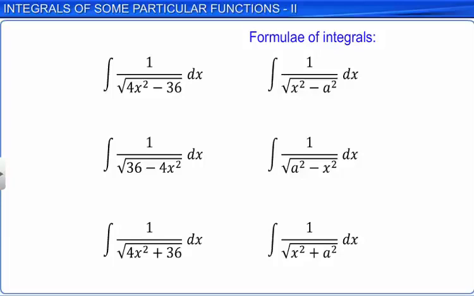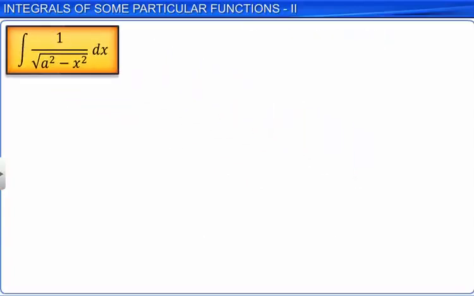In addition to the integral of the type just discussed, there are some integrals in which the integrand can be expressed as 1 upon square root of a square minus x square. To find the solution of this standard integral, we substitute x as a sine theta. On differentiating, we get dx is equal to a cos theta d theta.